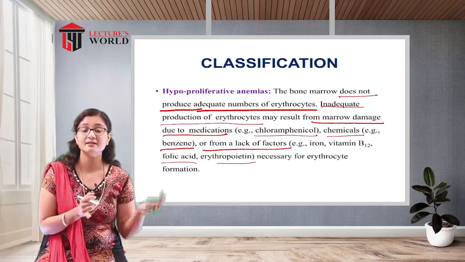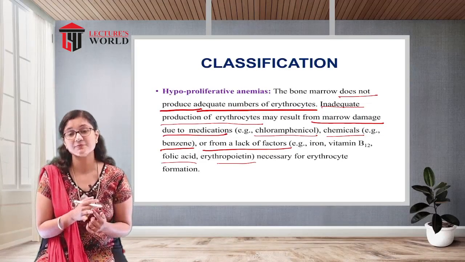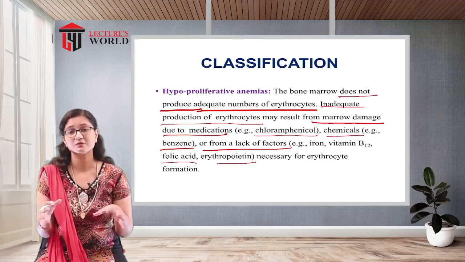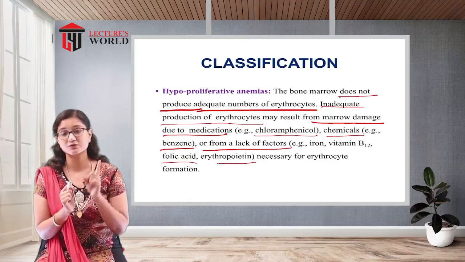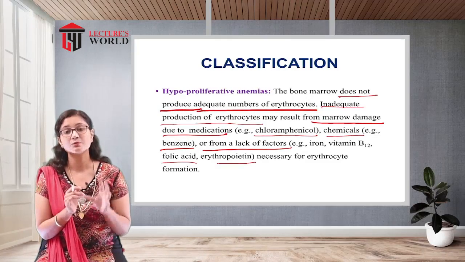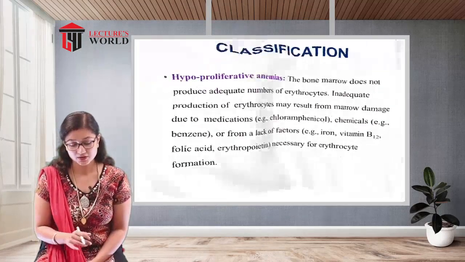That's why we have iron deficiency anemia and folic acid deficiency anemia. We will see about them, but the most common reason is this factor. So the first classification was hypoproliferative anemia. Understood?